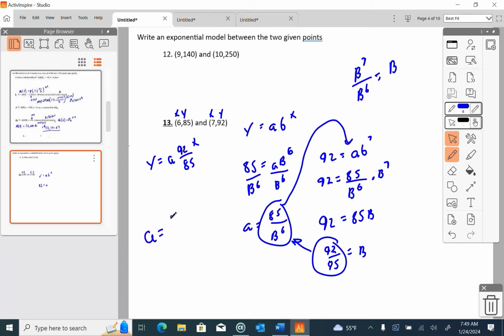A is going to be 85 over 92 over 85 to the sixth power. And boy, it's going to be hideous, isn't it? Wow, that's going to be hideous. Most of these things are. Now, I am not capable of doing that in my head.